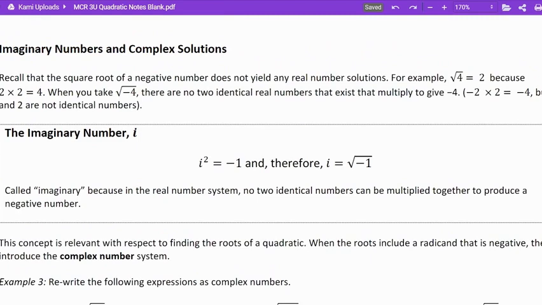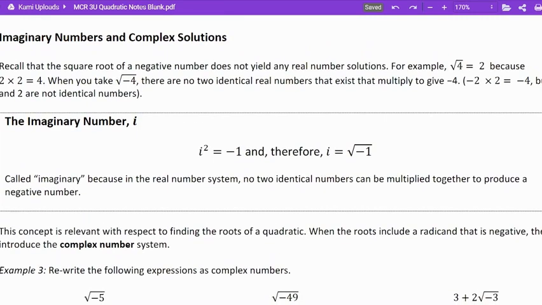All right, let's imagine. Okay, here's the question. We've always talked about the fact that you cannot take the square root of a negative number, right? The answer to square root of negative 4 is nothing, cannot be done. Well, it's half right.